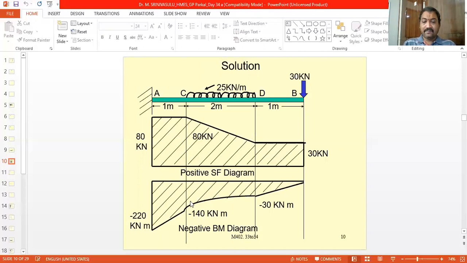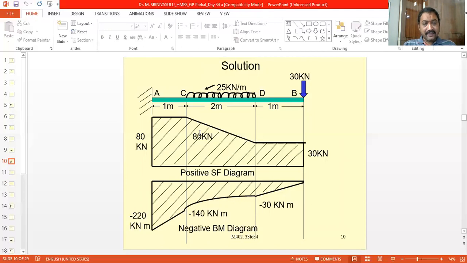That is very important. Next, between the points A and C, there is no UDL. Even this UDL will also act as a point load, because we have taken the load as 25 into 2, that is 50 kN, acting at the midpoint, and it will act like a point load, the third point load.